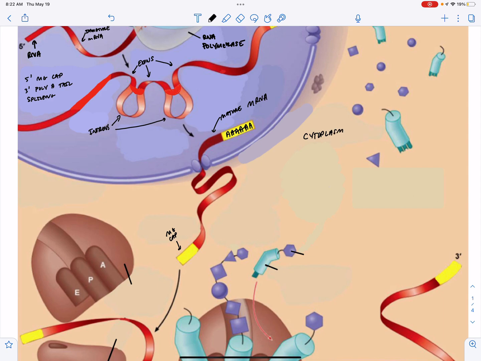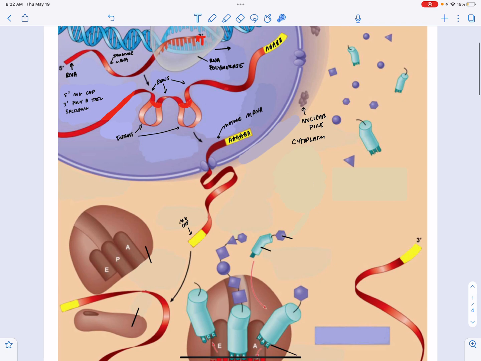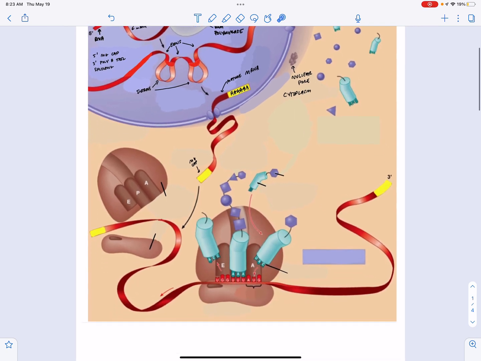Okay, and this is a nuclear pore as well. So you can see here the mature message is leaving the nucleus, and it's going to end up in the cytoplasm, where it's going to meet up with a ribosome.